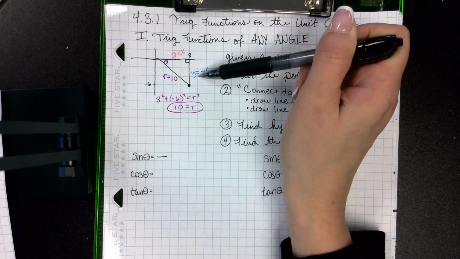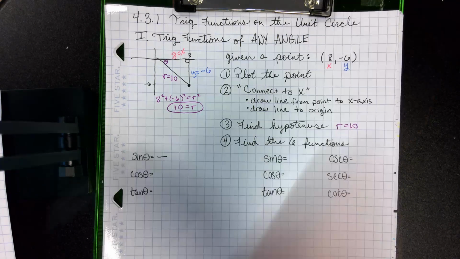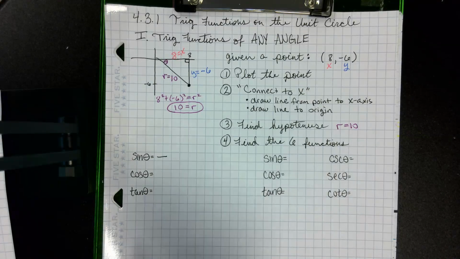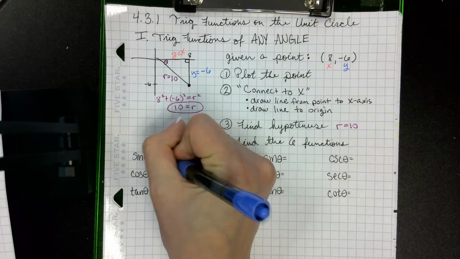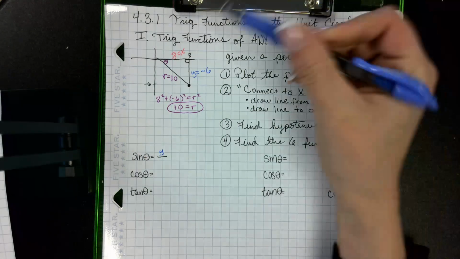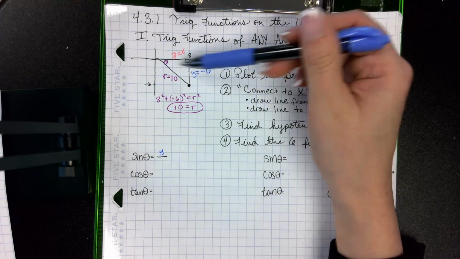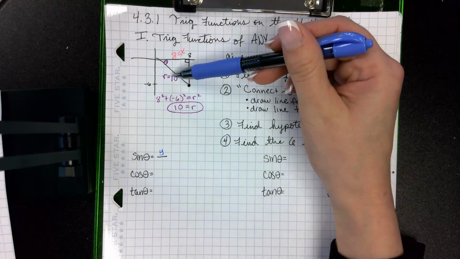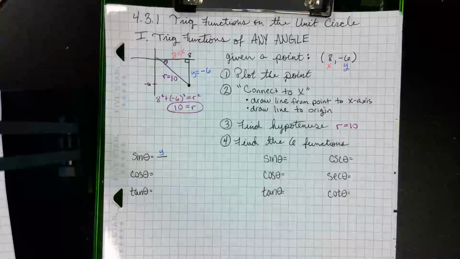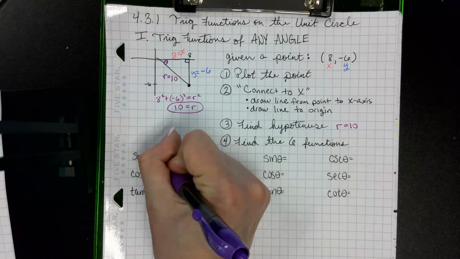So instead of calling it opposite, we'll call it y, because it's always going to be a vertical space. And sine is opposite over hypotenuse, right? The hypotenuse is the radius of the circle, r. So we can call it y over r.